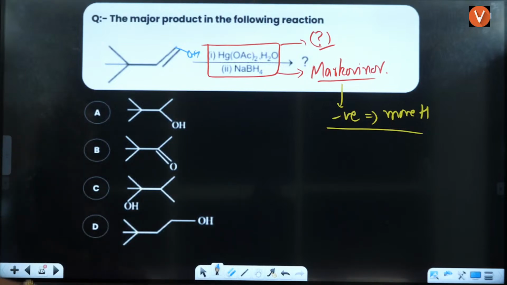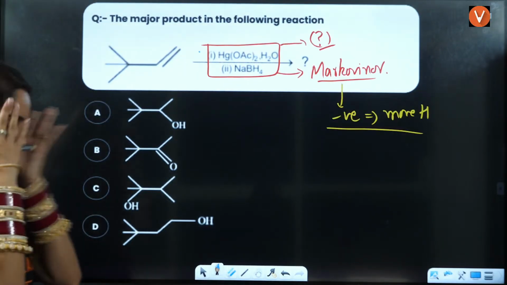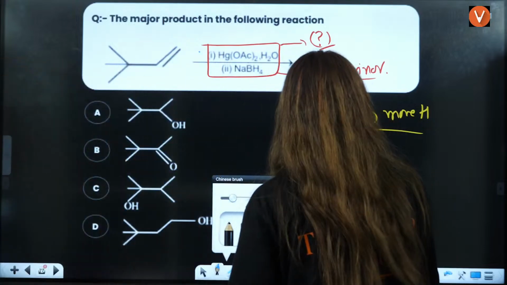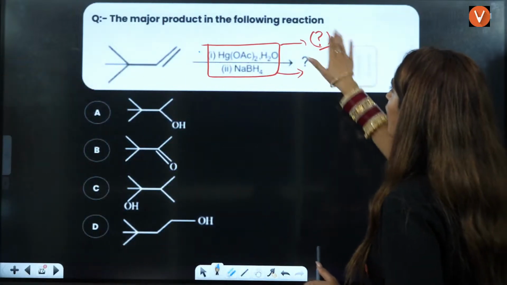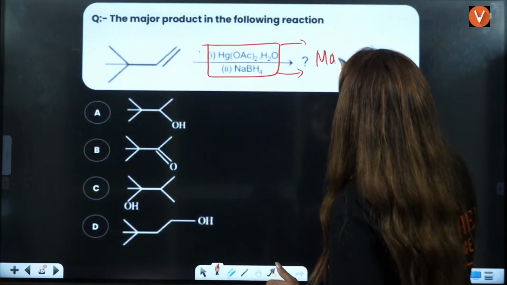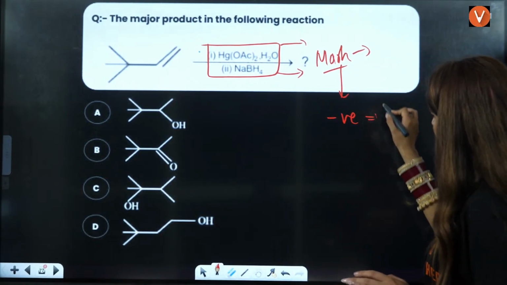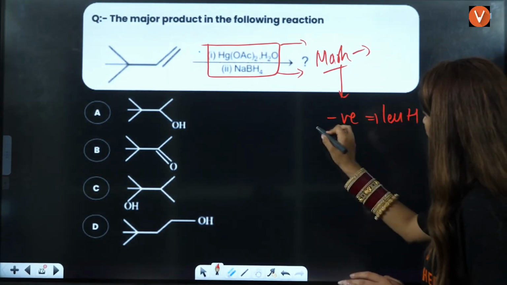So the answer is going to be, wait a minute, by mistake I have written anti-Markovnikov here, right? Yes, Markovnikov addition is simple, the negative part goes to the carbon with fewer hydrogens, okay?